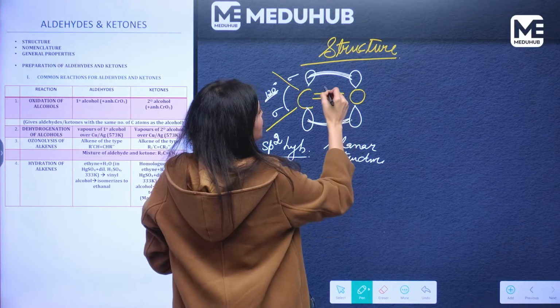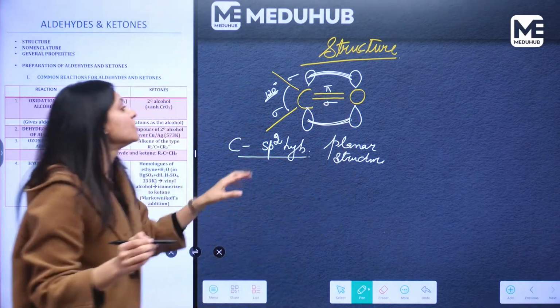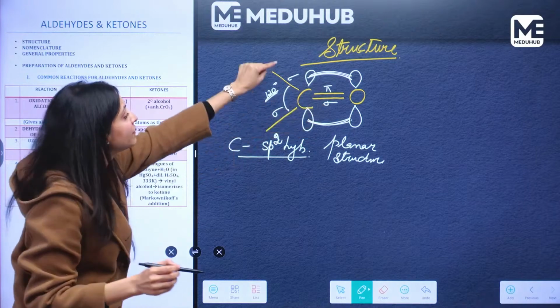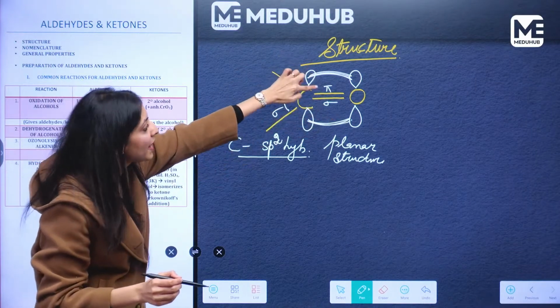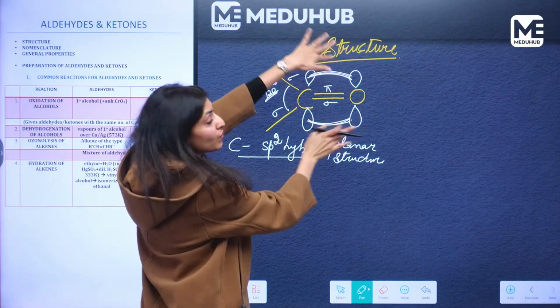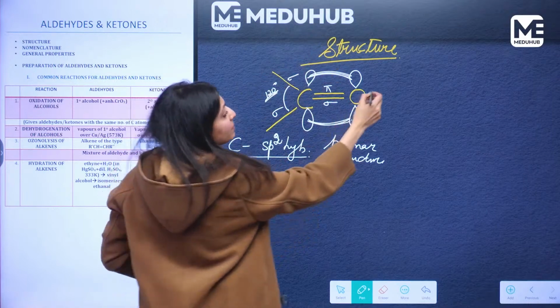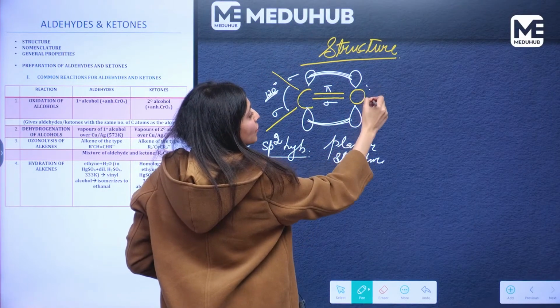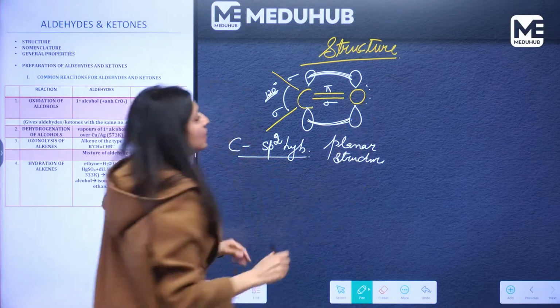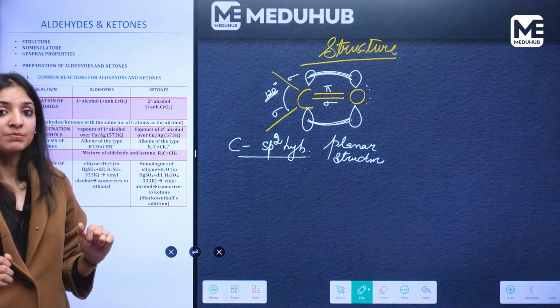So a carbonyl compound will have 3 sigma bonds and 1 pi bond which is formed by sideways overlap of the p orbitals. Apart from this, the oxygen has 2 lone pairs as well. So this is the structure of carbonyl compounds.